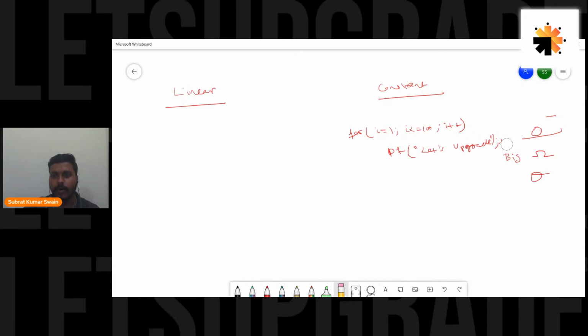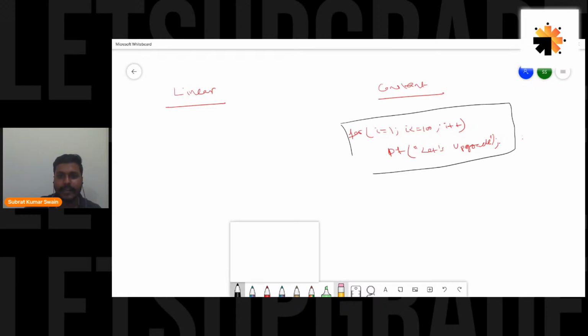This is a normal single for loop, and we have to see how many times this "let's upgrade" is printed. If I ask you what is the time complexity of this algorithm, or of this code snippet, you would say 100 times.